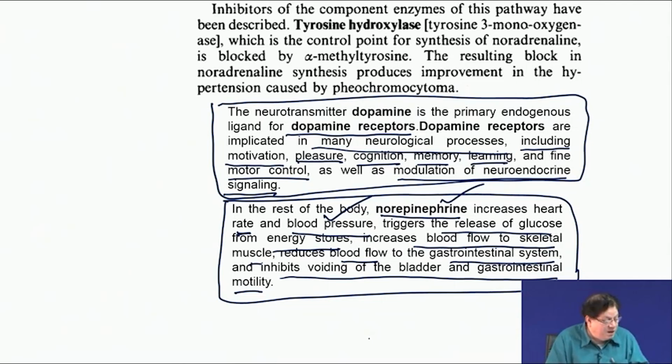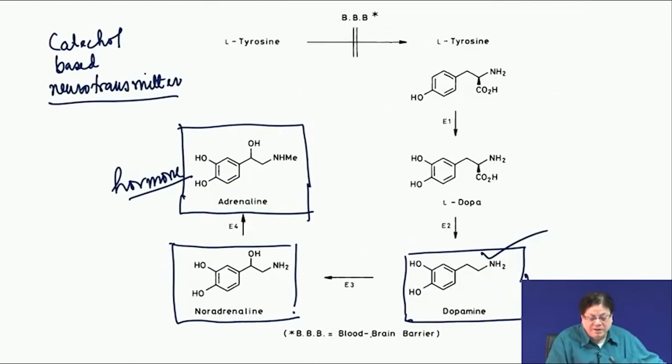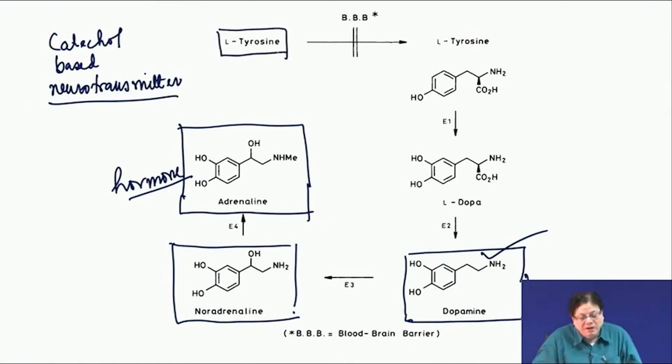Now, let us see how dopamine and norepinephrine are generated inside the neurons. Okay. Now, the starting point is a simple amino acid which is called L-tyrosine. Okay. Now, tyrosine is a protein building amino acid.